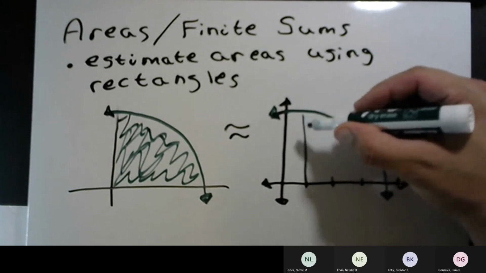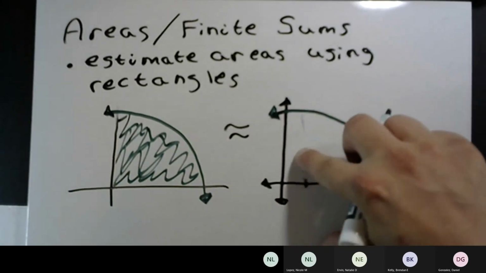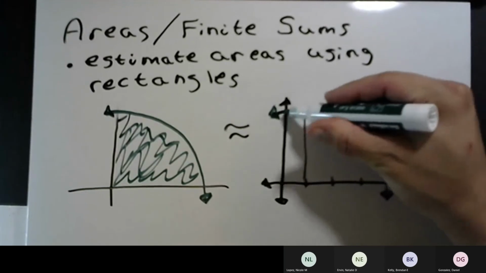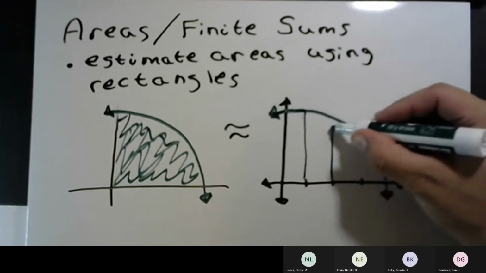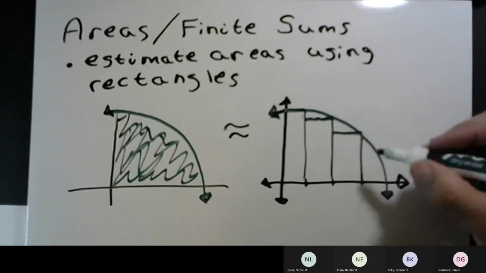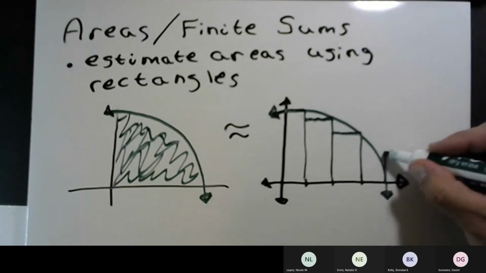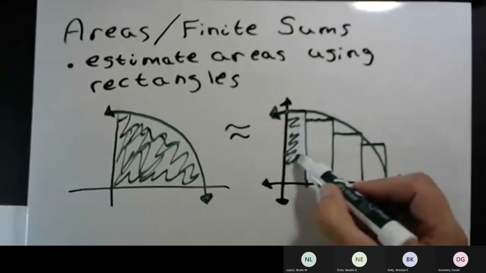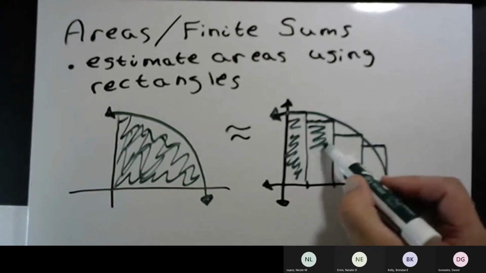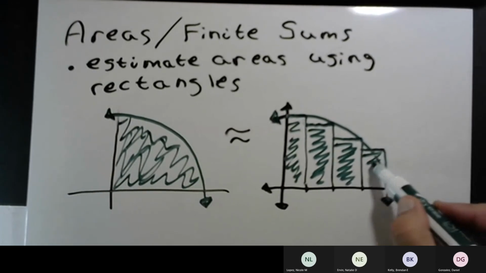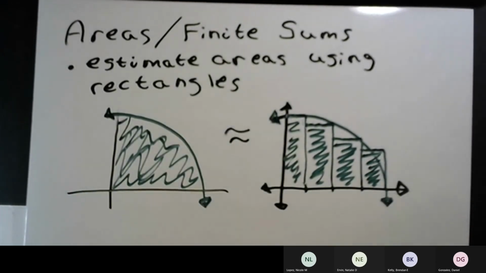And this was the idea that we use in calculus. At first, it might seem a little sloppy, like we're kind of saying, well, this is good enough. But we're going to try to improve on this method.